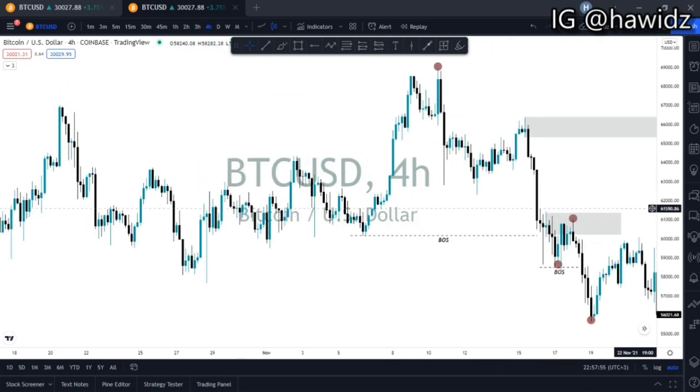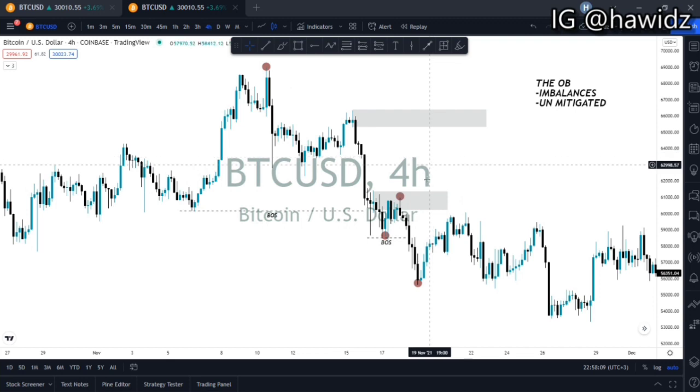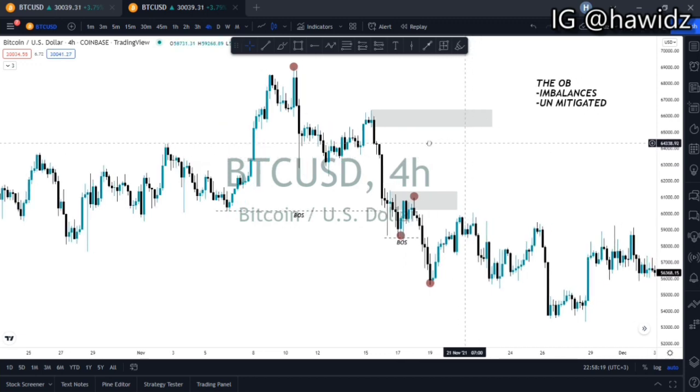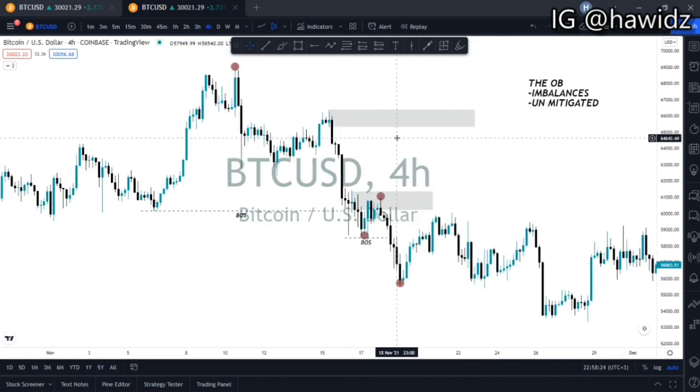Meaning that not all of these will be tested, right? Because the momentum in this market was too high for price to come all the way up here. The bearish volume in this market was too overwhelming for the bulls to take the market up here, to mitigate their orders, which were left behind. So this means that if price does this, it doesn't mean that this right here will be neglected.